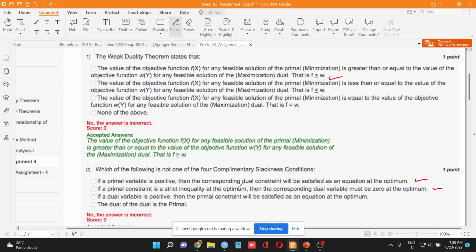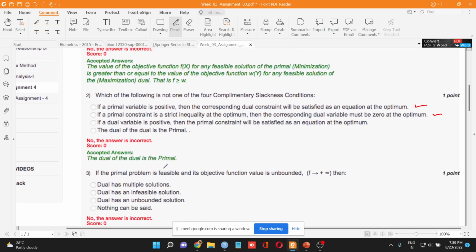When there is a strict inequality, the corresponding variable is 0 at optimal. And the third: the dual of the dual is the primal. Yes, it is a true statement, but it is not a complementary slackness condition. Is it okay?